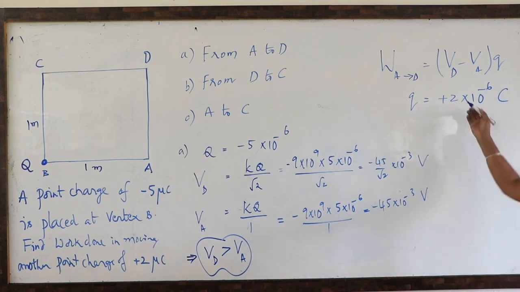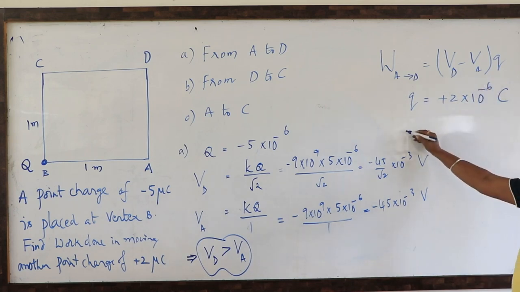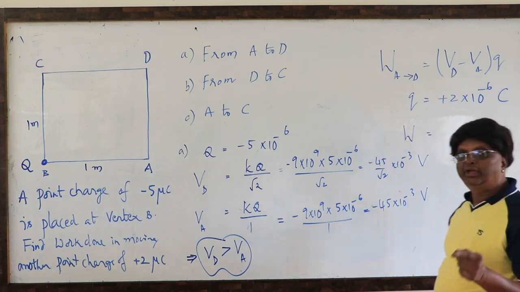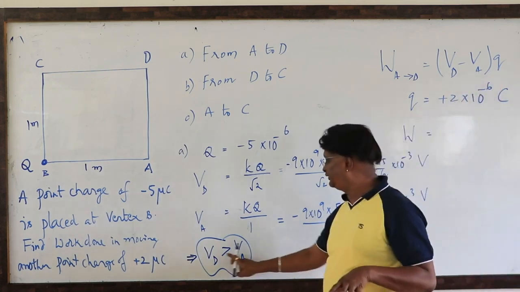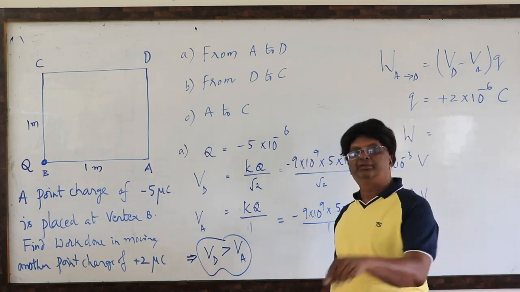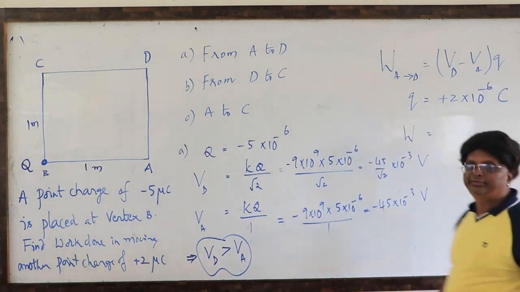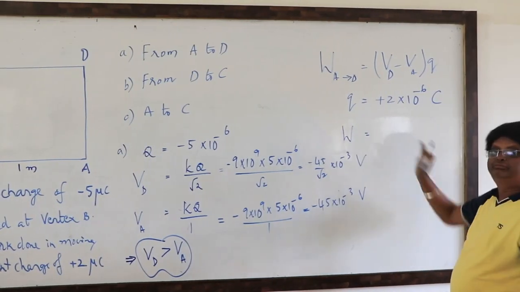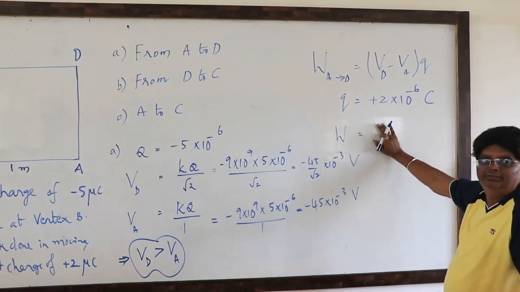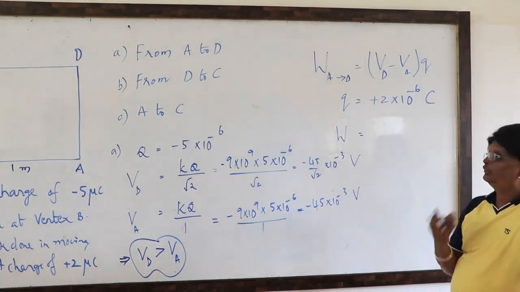Now you will do this simple calculation on your own; I don't want to do that. As you can see, VD is greater than VA, so VD minus VA is positive, and q is also positive. Therefore this work will be positive here, is it not? So that is what I wanted to do.